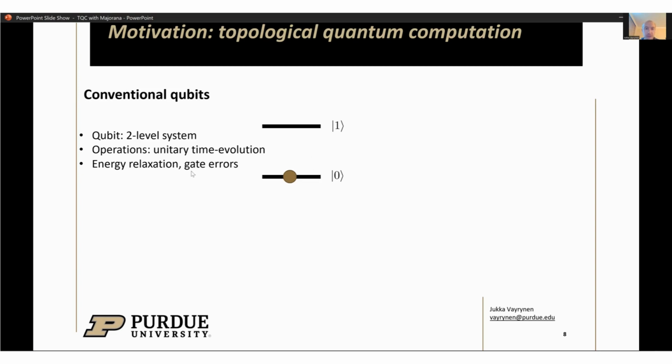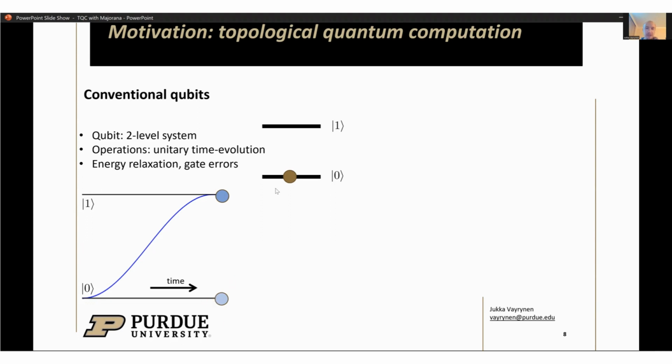There is another type of error, which is called the gate error, that happens in conventional qubits. And this is the fact that we implement the qubit operations by, for example, microwave pulses. So what can happen here is that if your pulse length is not exactly what you want, if it's, let's say, slightly too long, and you wanted to apply a sigma x operation, you might get a small chance of actually not implementing the sigma x operation.